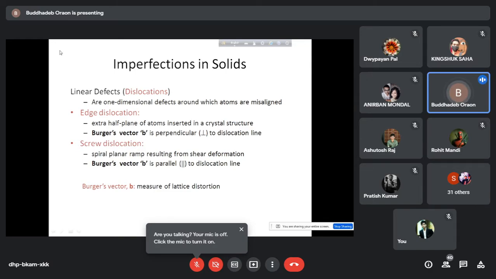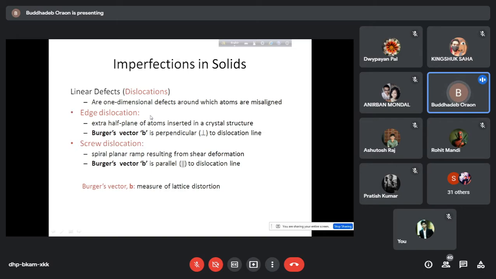So there are two different types of dislocations, and we'll try to understand them. One very important parameter in dislocation motion is the Burgers vector. You should remember this name, Burgers vector, which is denoted by b.